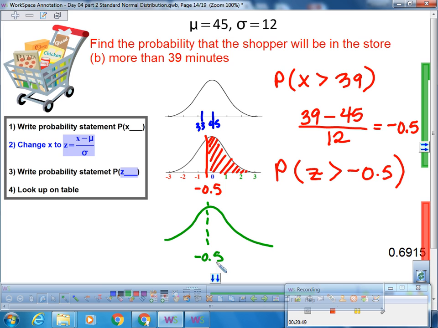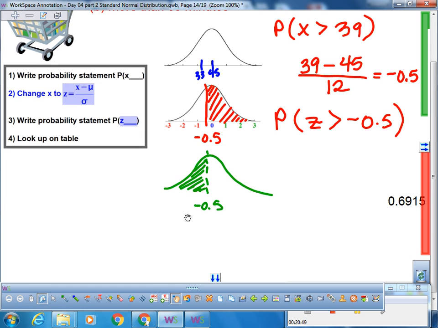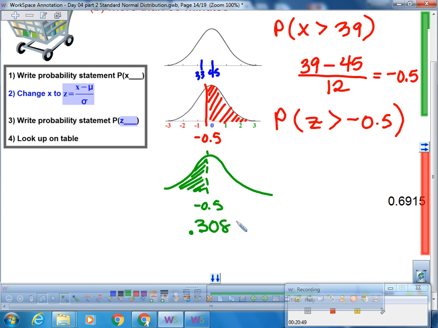It's going to give me the left. So what's that number? You guys find it for me. .3085. Okay, so that's this side of the curve.